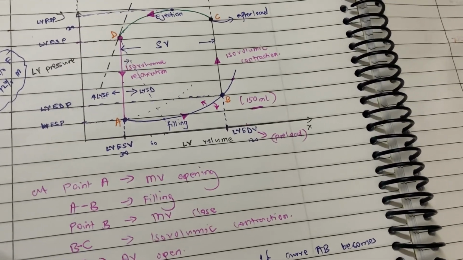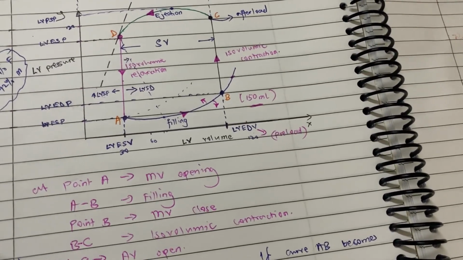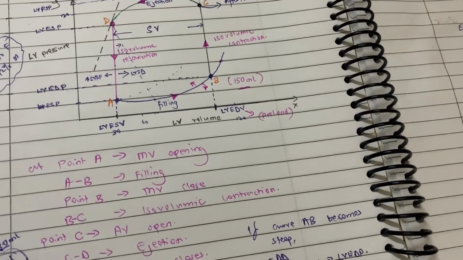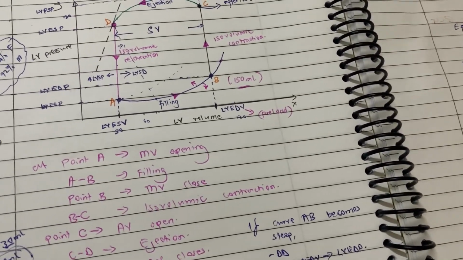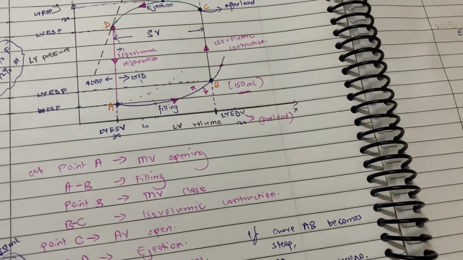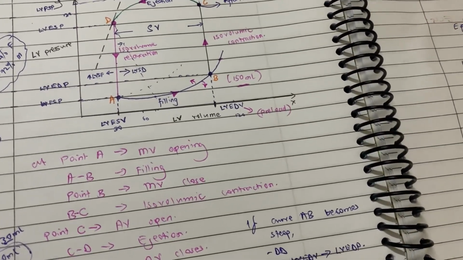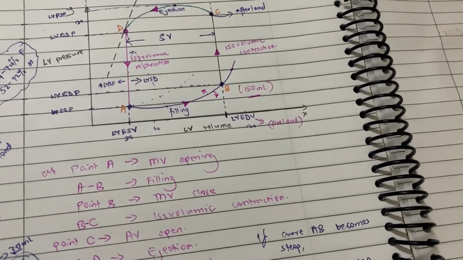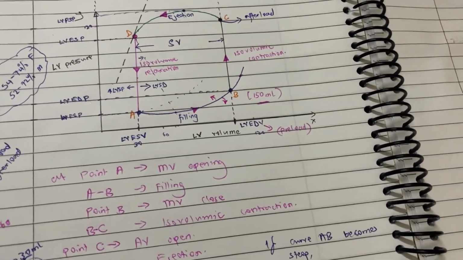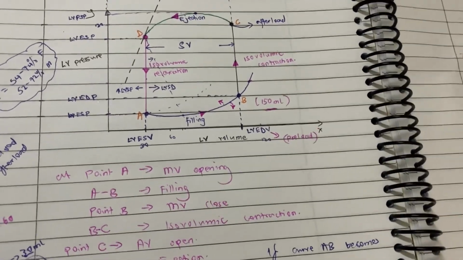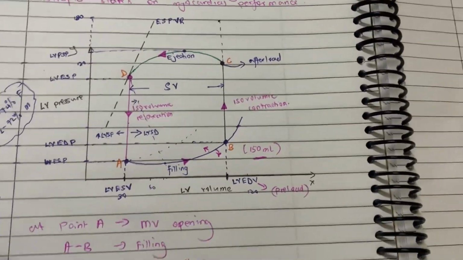Then we have to assess preload and afterload, because they affect it so much, and contractility is equal to performance. If contractility is low, low cardiac performance is there. If contractility is high, then good cardiac performance. So this is the next topic.